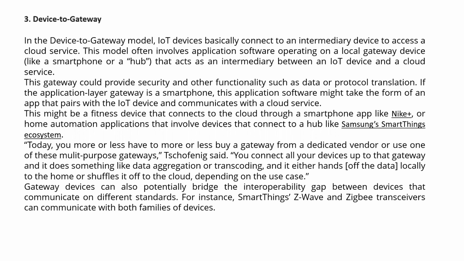Actually this intermediate device is nothing but application software present in your smartphone, and that application software is working as a gateway. Again you can take the example of your wearable device, a fitness device, which uses this device to gateway type of communication.